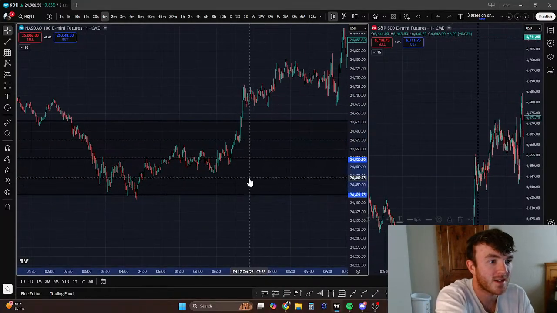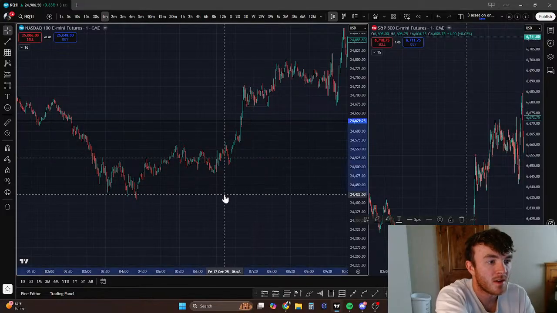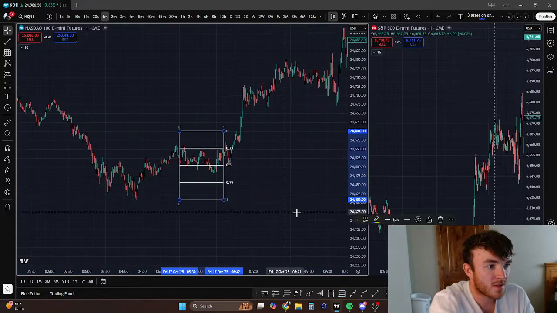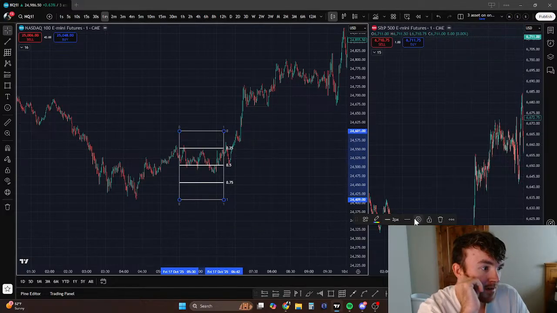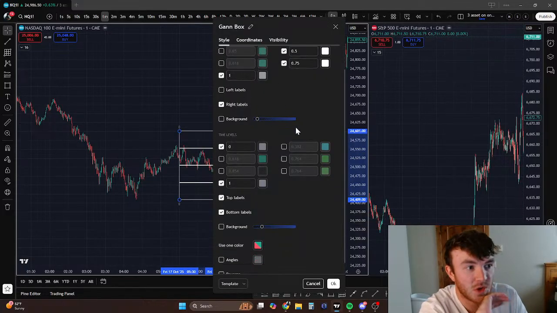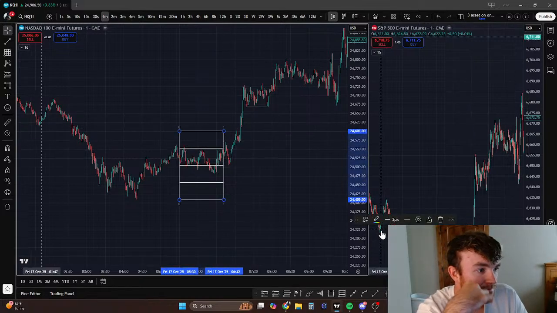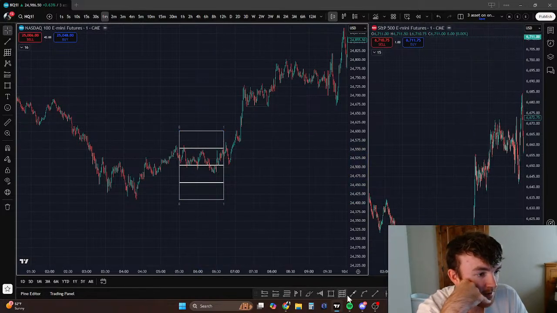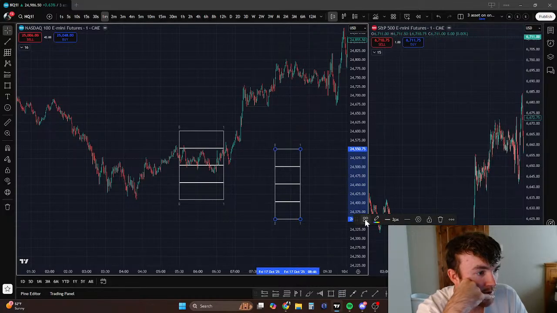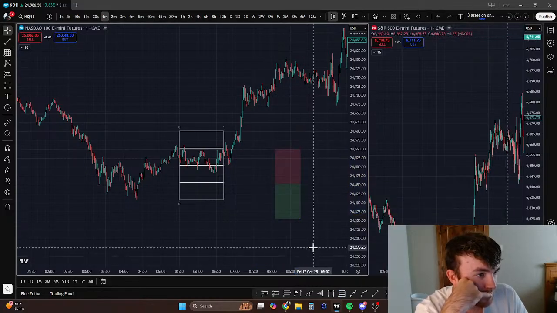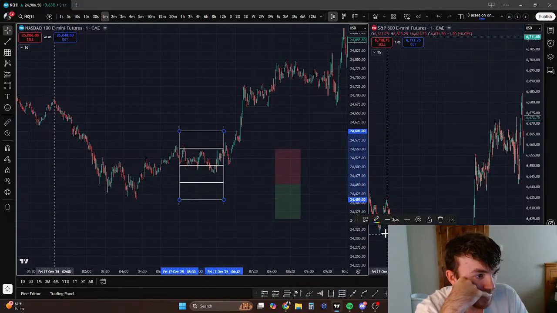Oh wait, I know what I can do. Let's put the scan tool on. We could make it look better. So what I can do is I can go right labels off. How did I make the premium discount one work? I want to do something similar with this.